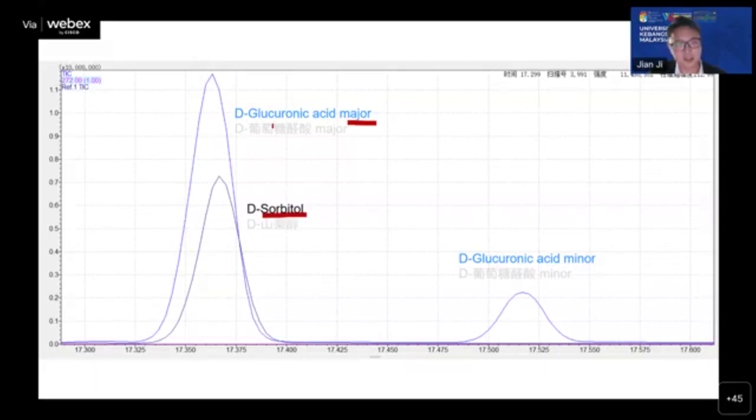So in this case, when we identify or quantify glucuronic acid, we have to use the minor peak for quantification. If we use the major one, it will be affected by the sorbitol concentration, especially since the sorbitol concentration is much higher than the glucuronic acid.